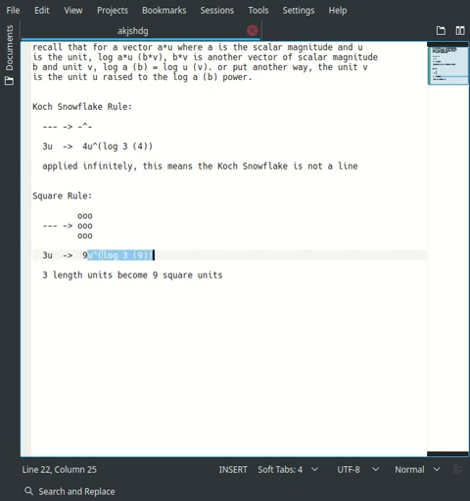So it's square units, right? So 3 length units become 9 square units, right? So there you go.